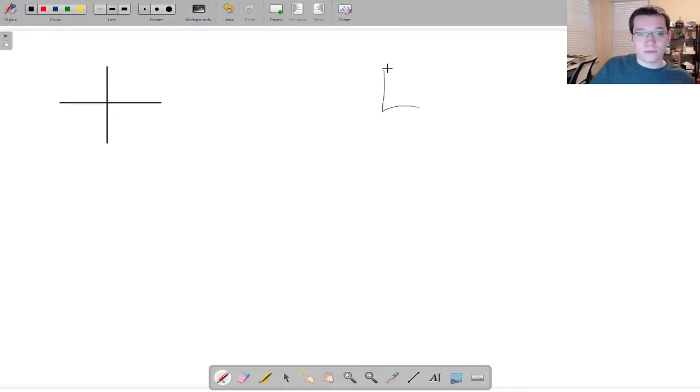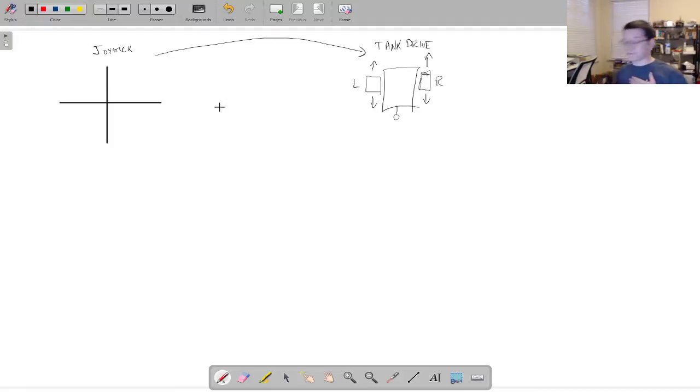So if you've got right and left that can spin forward, backward, and you want to turn the joystick into tank drive, you need to be able to convert between those two, specifically from one to the other.